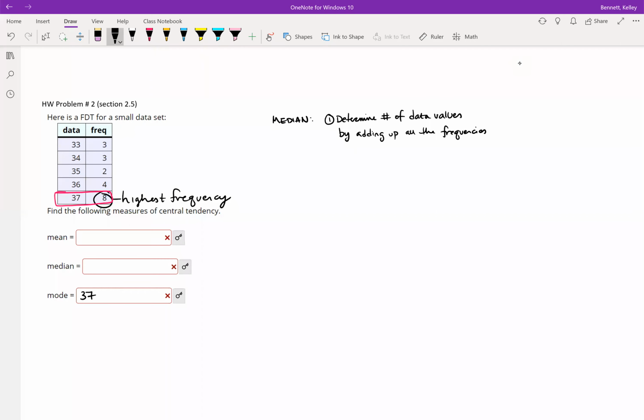So that's going to look like 3 plus 3, plus 2 plus 4 plus 8. So that's going to give us 20.